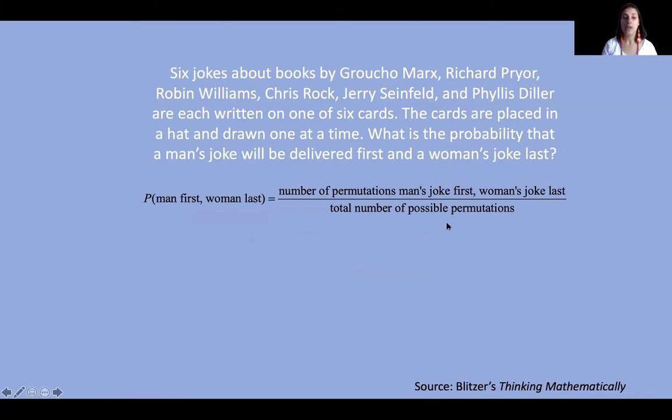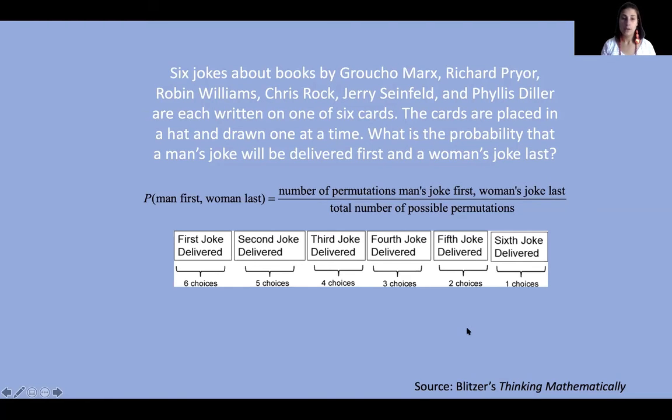First, we need to look at the number of permutations where a man's joke was first and a woman's joke was last. It's often easier to do the denominator first, which is the total number of possible permutations. For the first joke delivered, we have 6 choices. There are 6 comedians. For the second joke, we assume that we've already picked one. We now have 5.